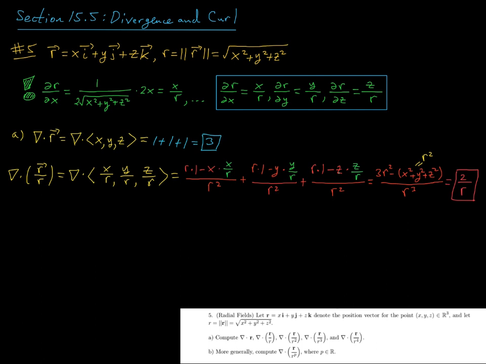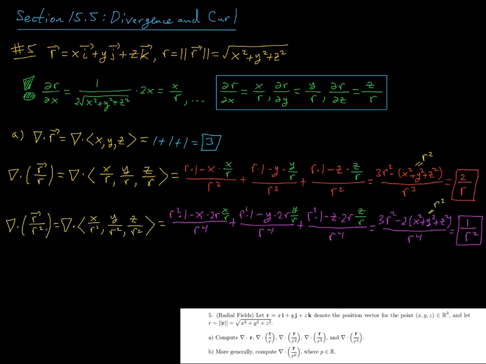So if I combine all of that, I'm going to wind up getting 3r squared minus the quantity x squared plus y squared plus z squared. But see, this is just r squared. So you get 3r squared minus r squared is 2r squared over r cubed, and that simplifies to 2 over r. All right, so a little more involved there, but still not horrible.